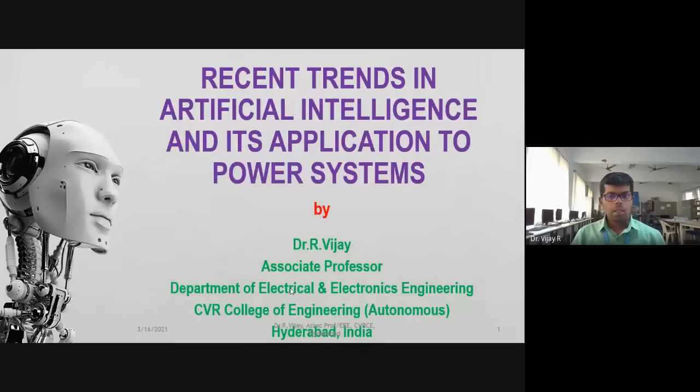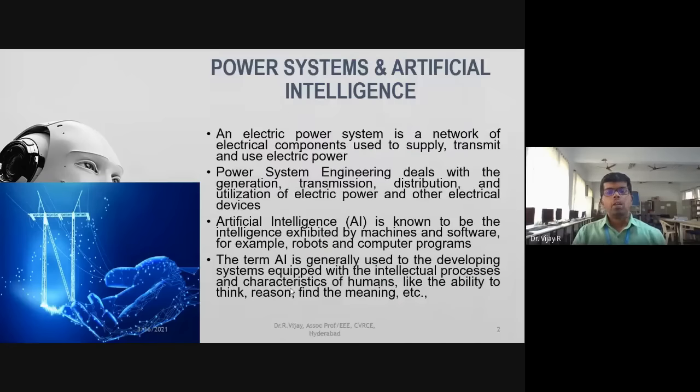Okay, so next we'll go on to the topic: power systems versus artificial intelligence. Do you know what an electric power system is? An electric power system is a network of electric components used to supply, transmit, and utilize electric power.